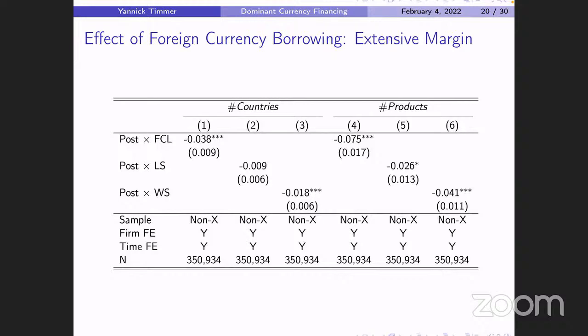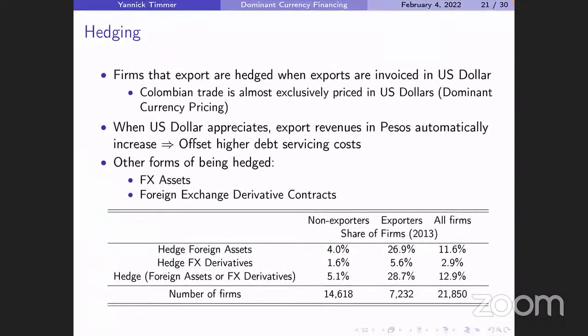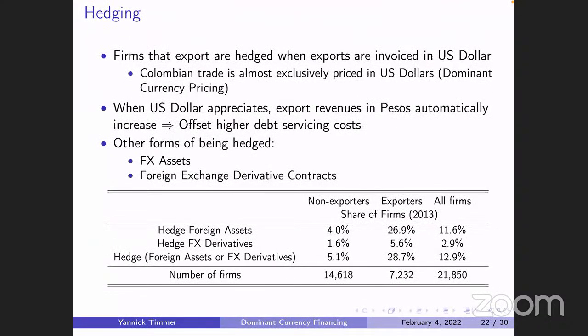Now, what can explain our results that exporters and importers are very differently affected when you look at the import contraction of these firms? Firms that export are hedged to some extent when there is this depreciation in the currency, because the exports in Colombia are invoiced in US dollars.